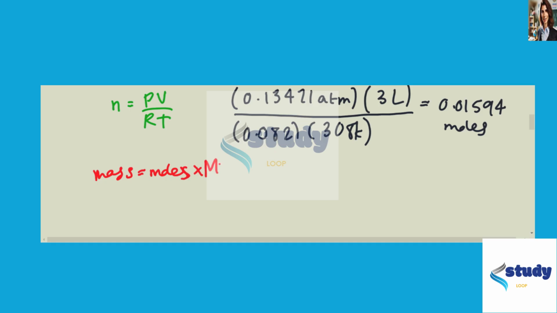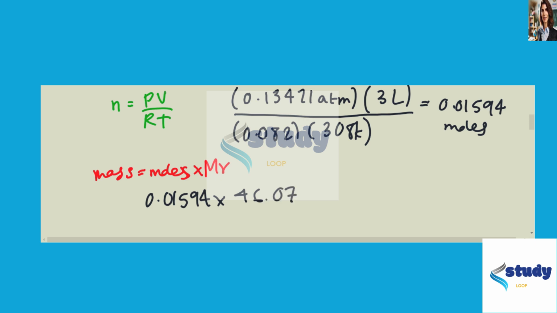I got moles times the MR, which you can easily find in the periodic table, and I calculated that to be 46.07.